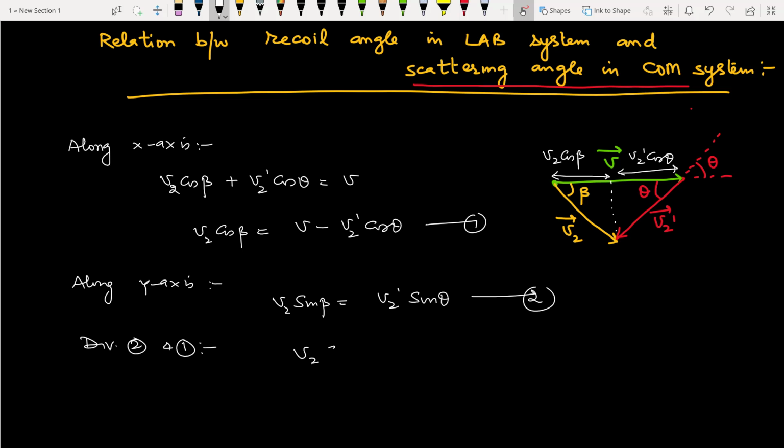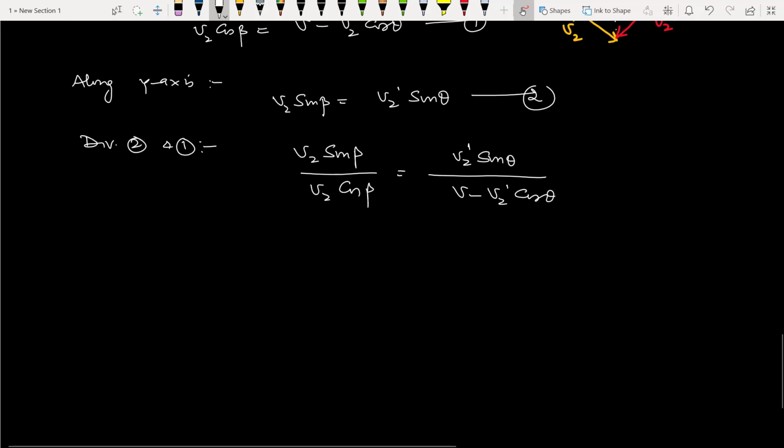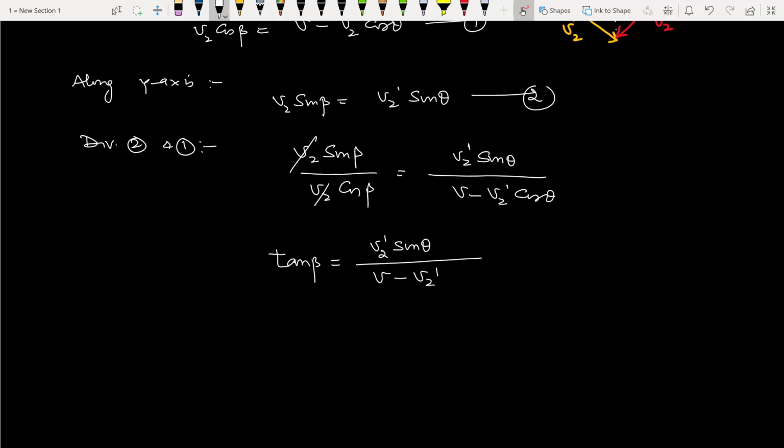So V2 sin beta over V2 cos beta is equal to V2 dash sin theta over V minus V2 dash cos theta. So this cancels out, it is tan beta equals V2 dash sin theta over V minus V2 dash cos theta.